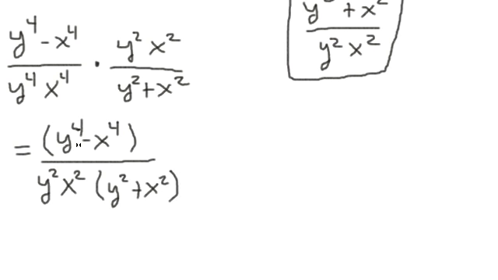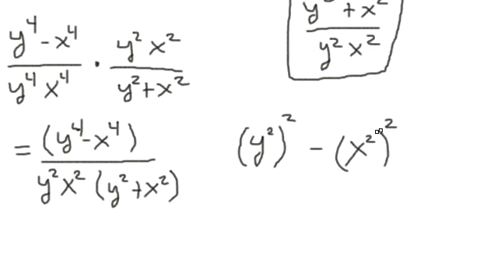But we're going to be able to factor this piece right here, and I'm going to do that right over here. This can be rewritten as y squared, and it's all squared, so 2 times 2, as you can see, is 4, minus x squared, and all that is squared. 2 times 2 is 4. But what we have here is we've got the difference of 2 squares.